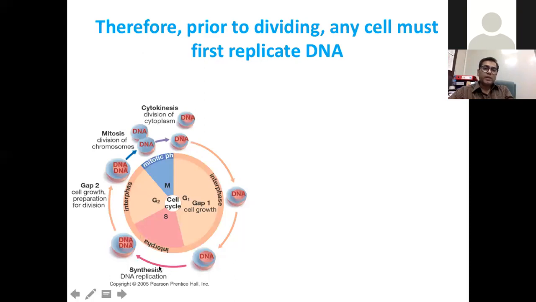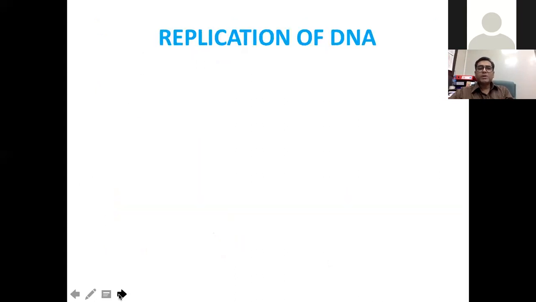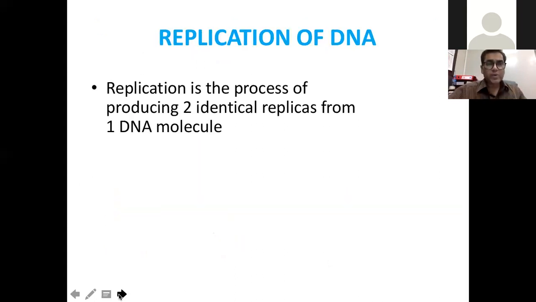So when the cell copies and preserves all of its information, only then is it allowed to divide, so that the same information which was present in this DNA, which was replicated, making a copy, can be transmitted to the daughter cells as well. So this is the process by which the cells divide themselves.